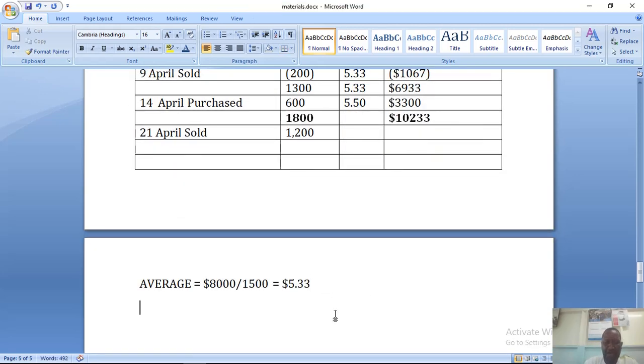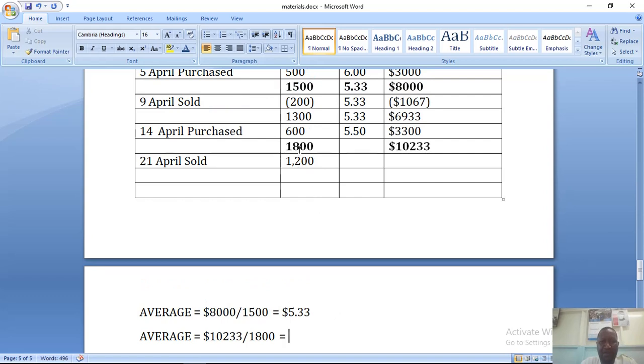Let's calculate the new average. The total cost is 10,233 divided by the units. When you divide that, how much are you getting? 5.386.